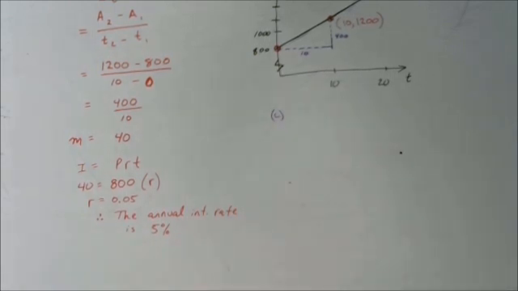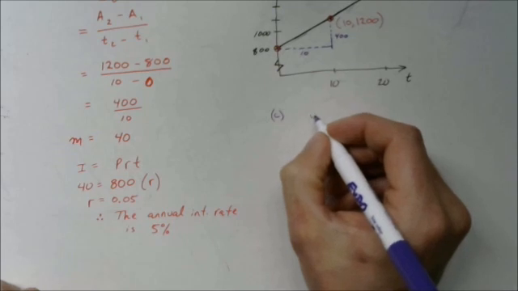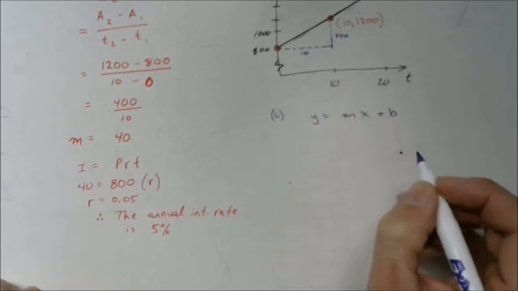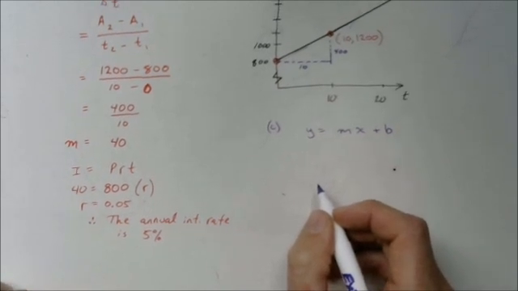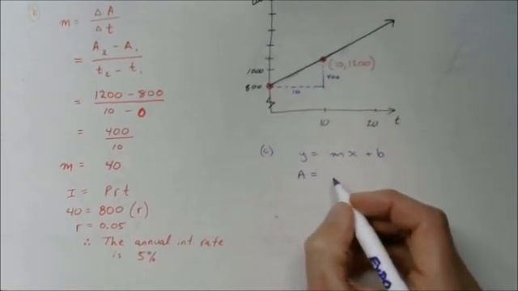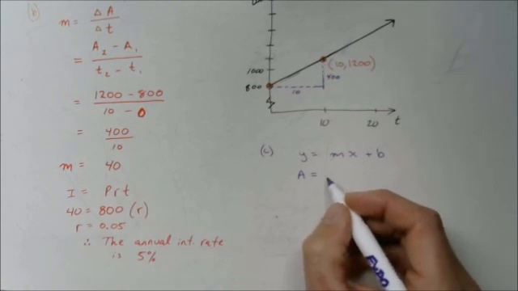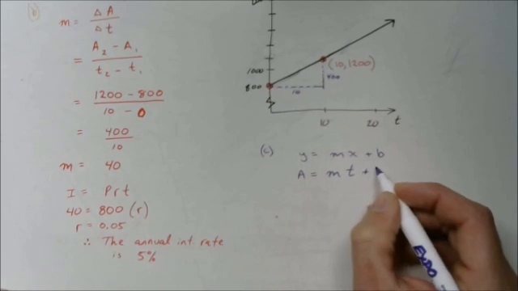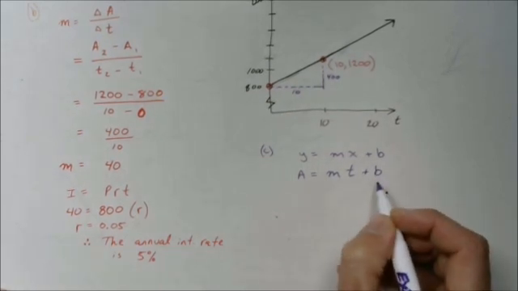Last piece here, C, write an equation to relate the amount of an investment to time. Well, we know it's partial variation and we know it's linear. So you don't need to write this, but sometimes it's helpful, tried and true, y equals mx plus b. We don't have y and x, we have A, and we don't have x, we have t, and we still have slope and y-intercept.